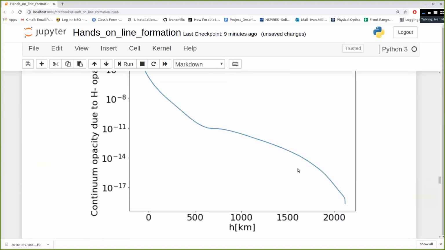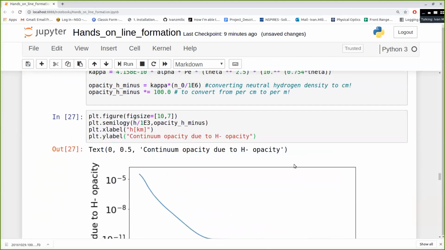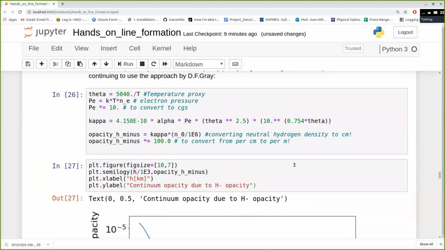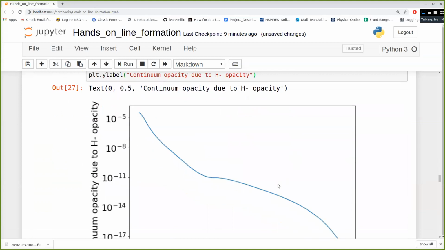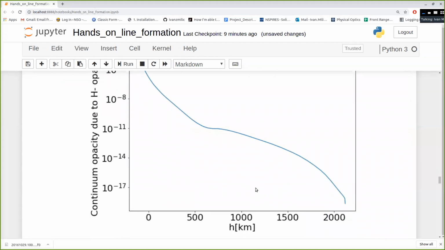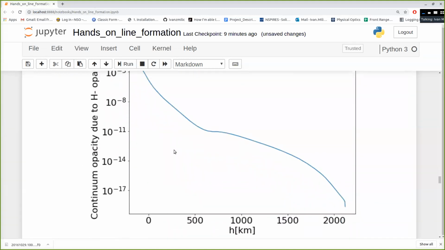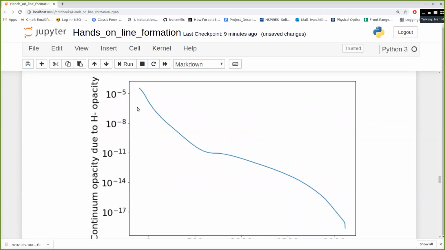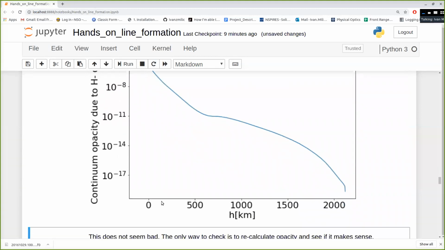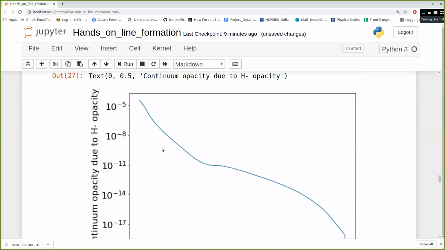We don't know what it gives here, so this amount of opacity doesn't tell us anything. But we have 10 to the minus 5 per meter, and we're talking about hundreds of kilometers, and 100 kilometers is roughly 10 to the 5 meters. 10 to the 5 times 10 to the minus 5 gives us an optical depth of roughly 1. So it might be okay.